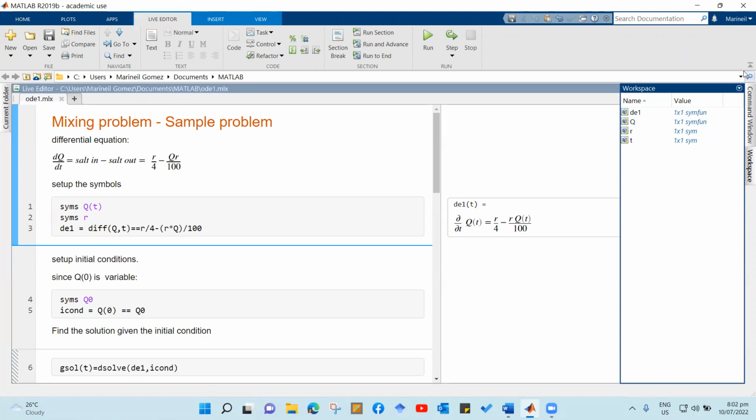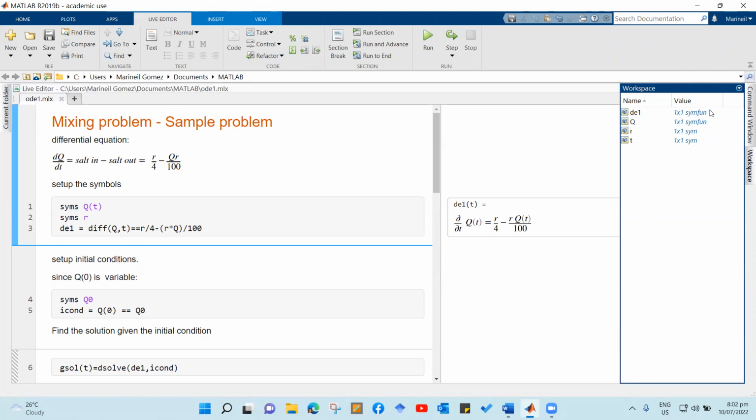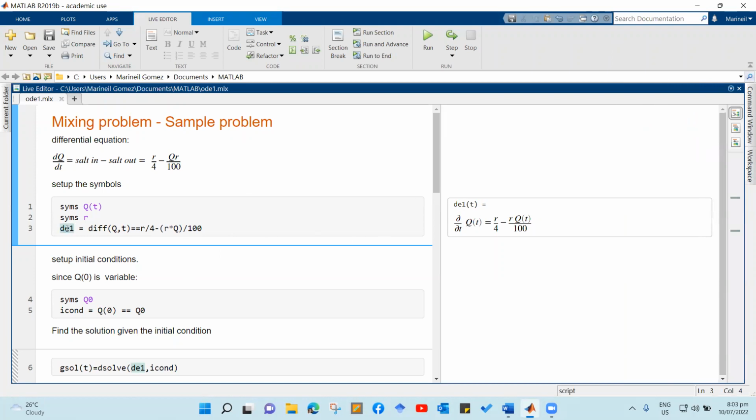And then we have de1, which is a symbolic function also. When I say one by one, it's just a one by one matrix, a single element in this box or container, de1. So here is our differential equation: dq/dt of the function q(t) is equal to r over 4 minus r q(t) over 100. So this is our equation.